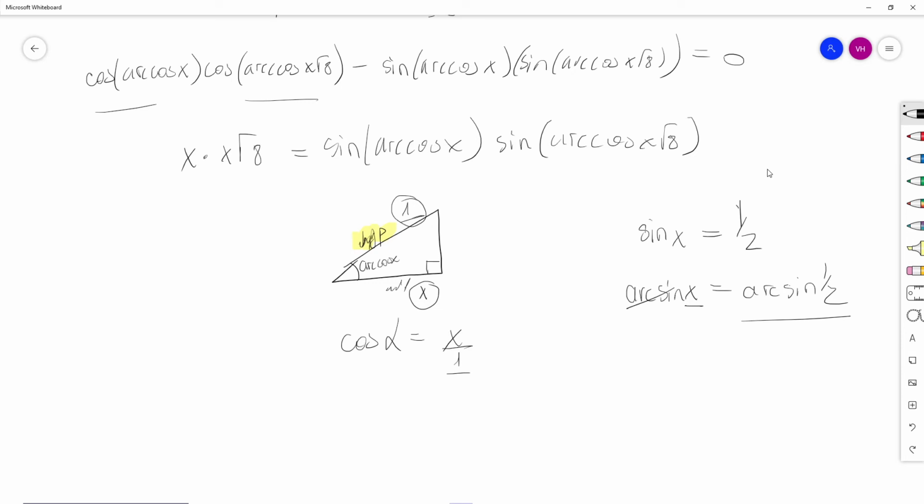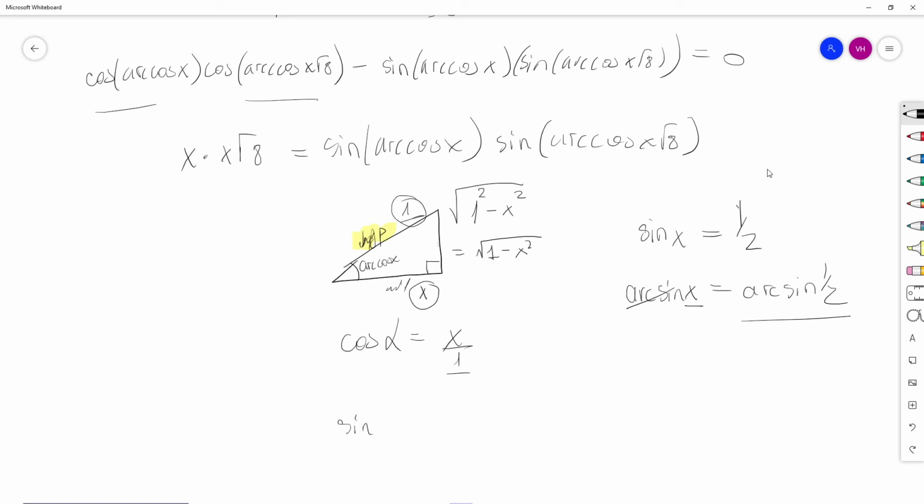Now since it's a right angle triangle, we can easily find the opposite of that angle. So that would be 1 squared minus x squared all rooted, which would give us root of 1 minus x squared. That is the value of this side. Now to find a sine of this angle would mean to have the opposite over the hypotenuse.